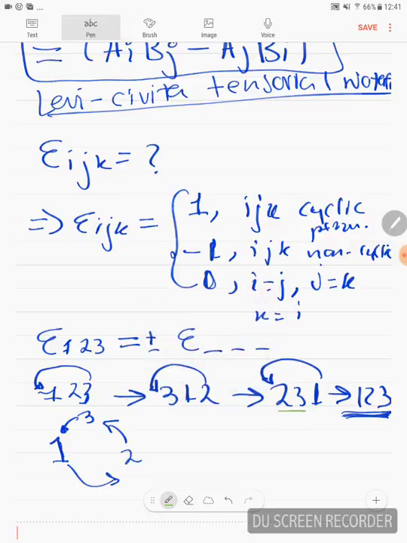So here if you interchange, let's say, 2 and 3, then instead you will get 3, 2, 1. And if you cyclically permute 3 to 1, you will never get back to this one. So you have broken the cyclic property of indices 1, 2, 3, and then you will pick up a minus sign.